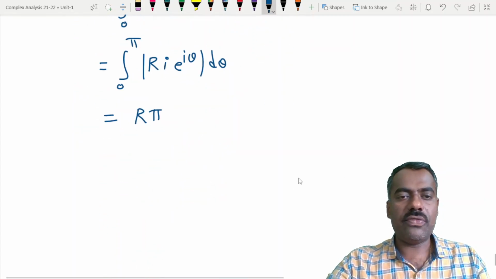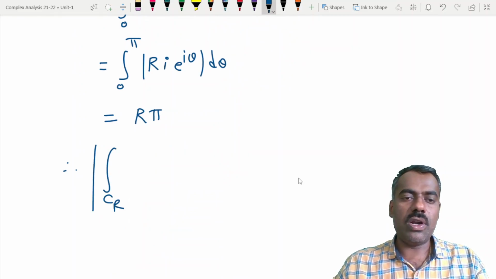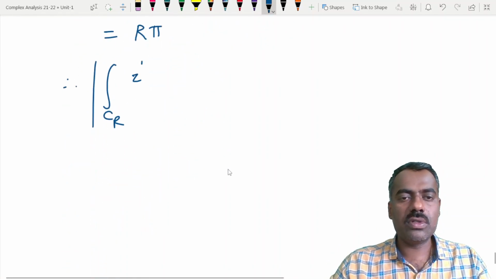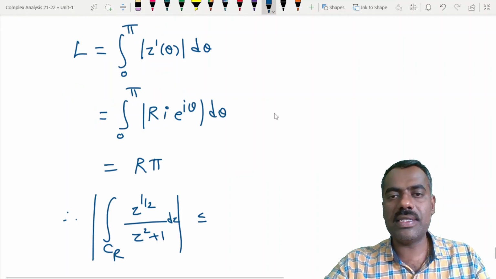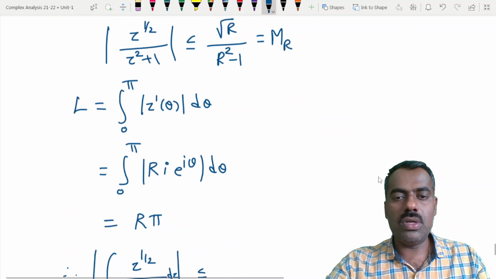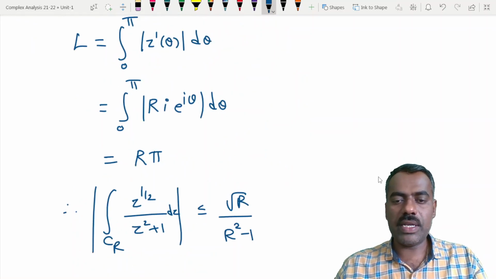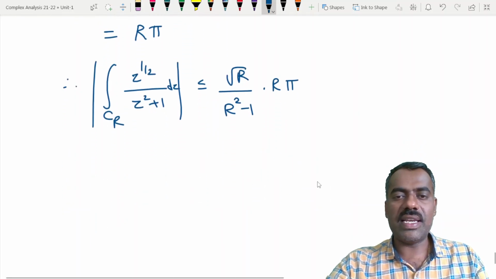Therefore the modulus of the integral over C_R of z power 1/2 by z square plus 1 dz is less than or equal to M_R L, which is root R upon R square minus 1 into pi R. Now you can simplify this right hand side.